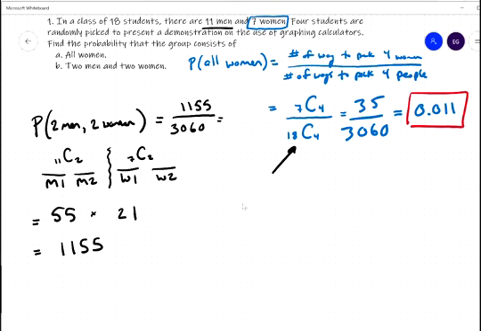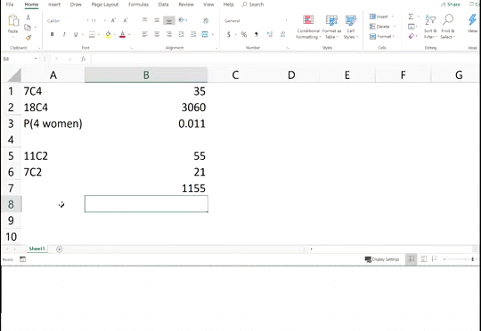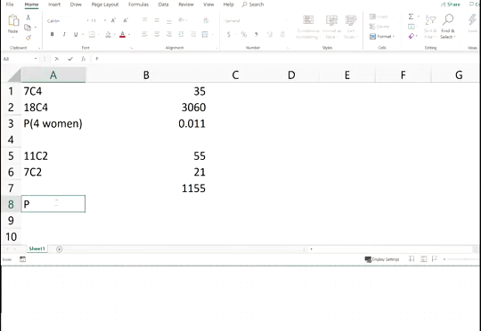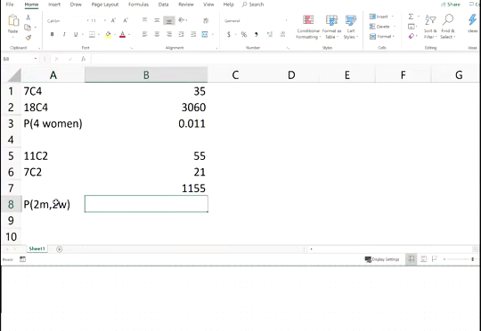And if we divide those 2 numbers, so it's a probability of 2 men and 2 women. That should be equal to the 1155 divided by the 3,060. And again, I'll round this to 3 decimal places. 0.377.